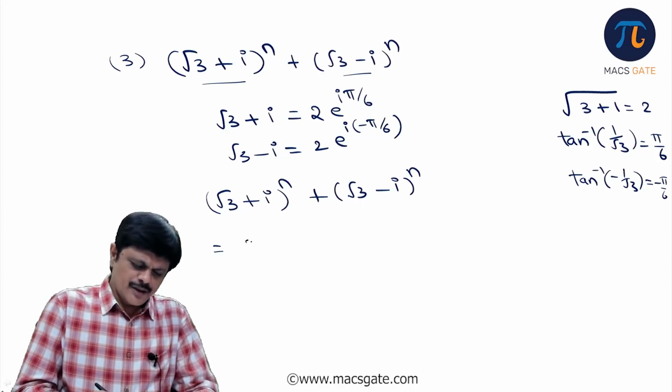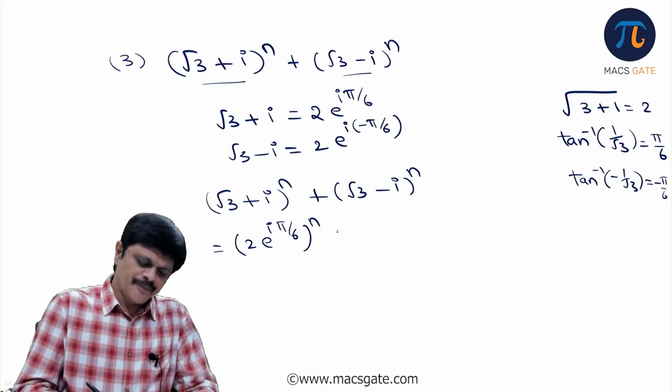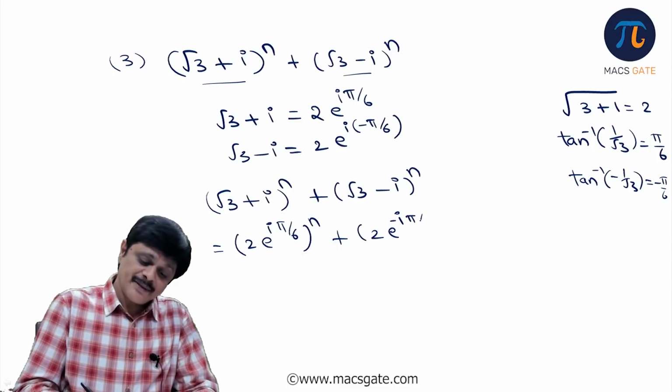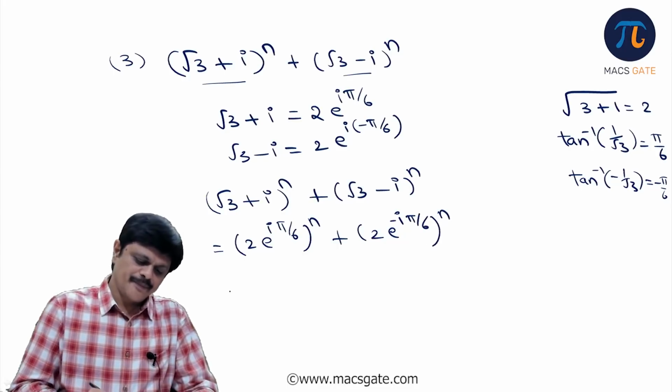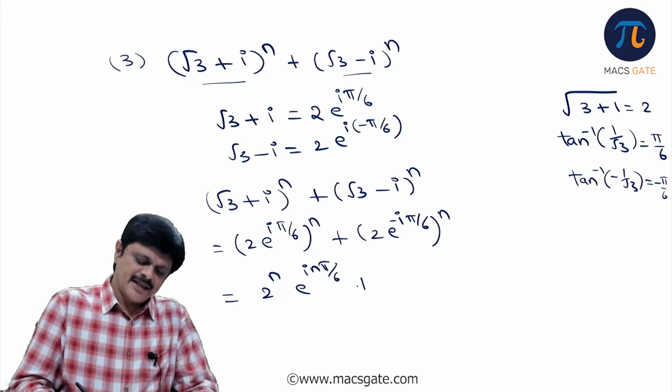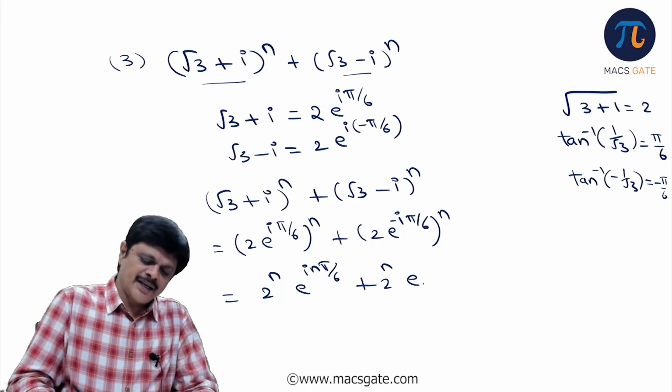What is it, sir? 2 e power I pi by 6 whole power n plus 2 e power minus I pi by 6 whole power n. This can be written as 2 power n into e power I n pi by 6, and this can be written as 2 power n into e power minus I n pi by 6.